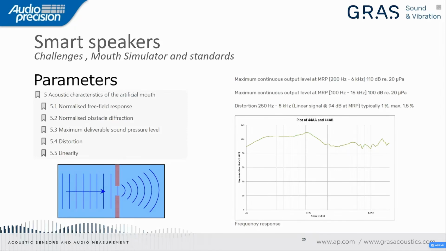So what you have to do with your mouth simulator is equalize your signal, so you will get a flat output response from the speaker. It means that you will have the same energy at all the different frequencies, so you can perform your test with a well-known reference level.